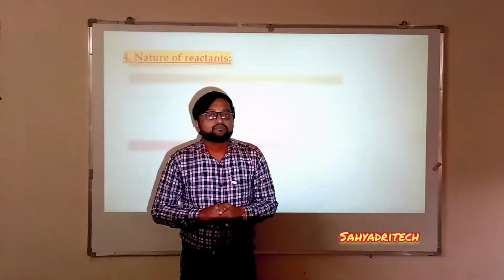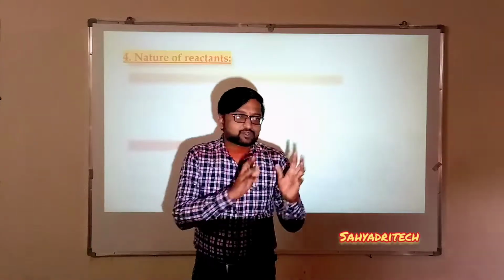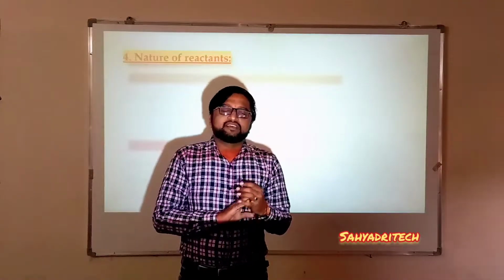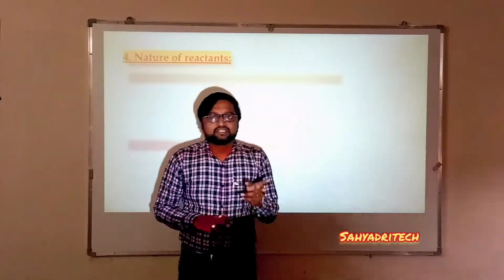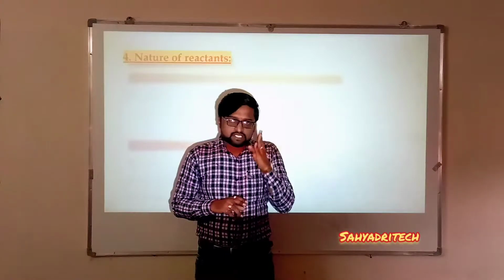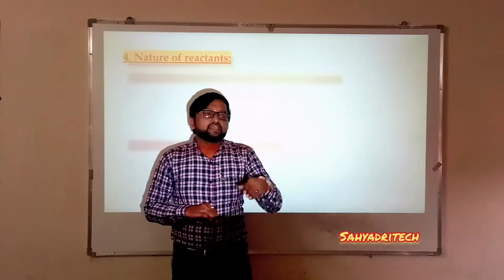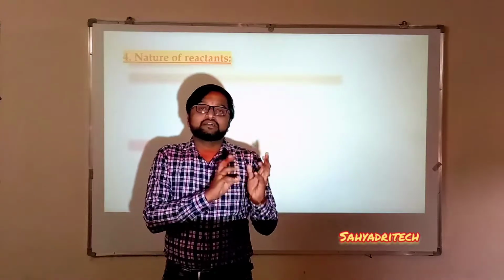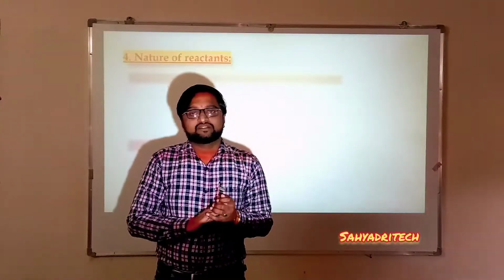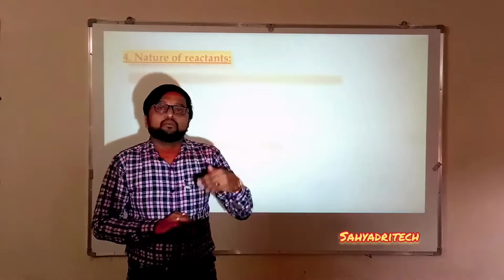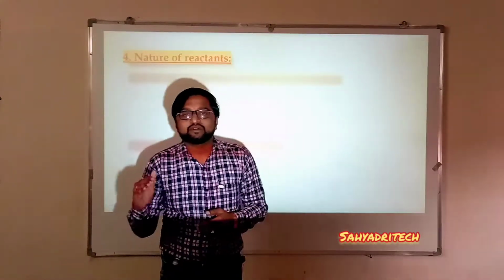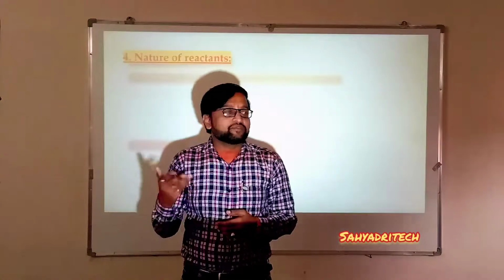But in the case of molecular reactions, covalent bonds are present, so covalent bonds must be broken down. Further, new covalent bonds must be formed. Therefore, it requires more energy. Therefore, molecular reactions proceed slowly, but ionic reactions proceed rapidly, very fast.